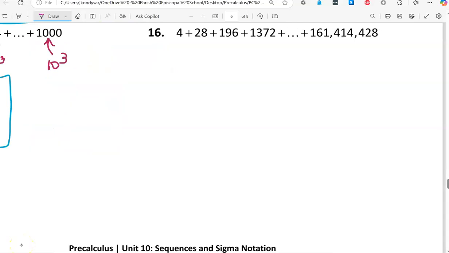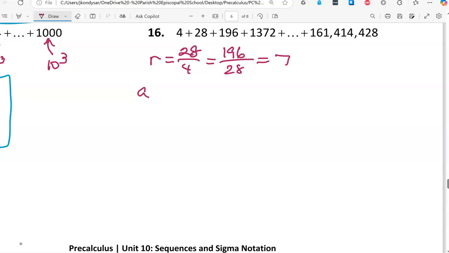In number 16, if we look at the ratios of the terms, 28 divided by 4 and 196 divided by 28, etc., they are all equal to 7. So this is a geometric series, since we're adding them together, with a common ratio of 7.